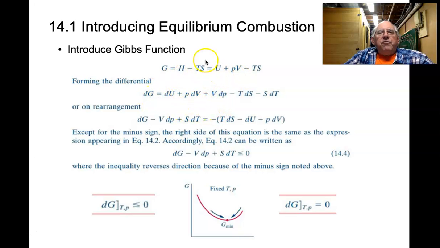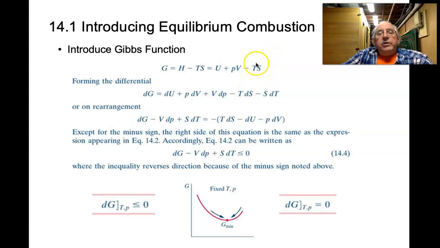When we take the differential of H, we know that H is equal to U plus PV, and so when we take the differential, we get a dU here, but then when we take the differential of PV, we have a PdV plus a VdP, and then we have the minus TS.